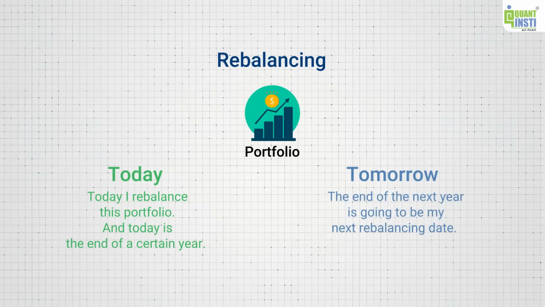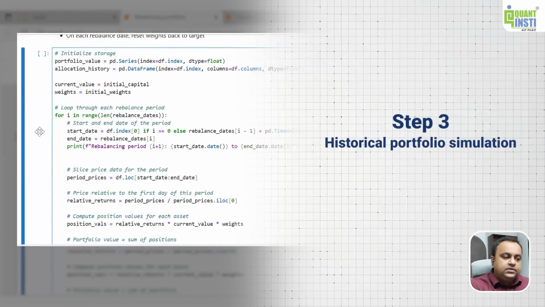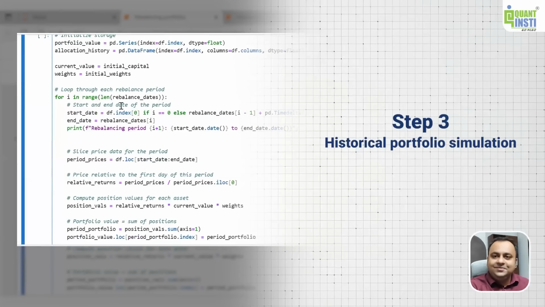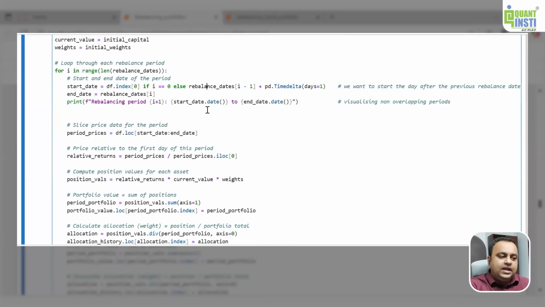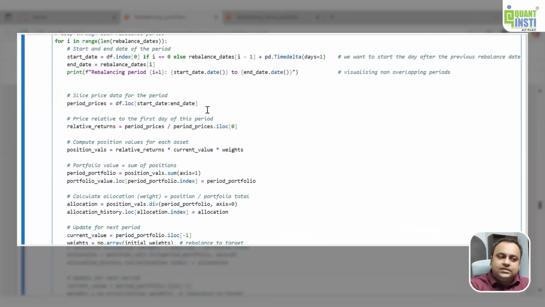The end of the next year is going to be my next rebalancing date. So using this for loop and my rebalance dates, I'm going to break this start date and end date down into these different pieces, and I'm going to use the same calculations which I did earlier.